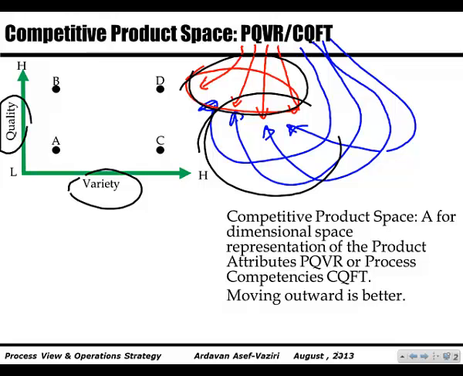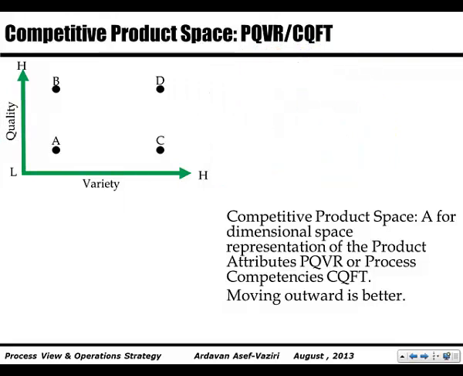I mean, the attributes of the product or capabilities of process competencies in the other two dimensions, at least for the time being, is constant. For example, here we are talking about two-dimensional space of variety and quality. Company A has low variety and low quality.